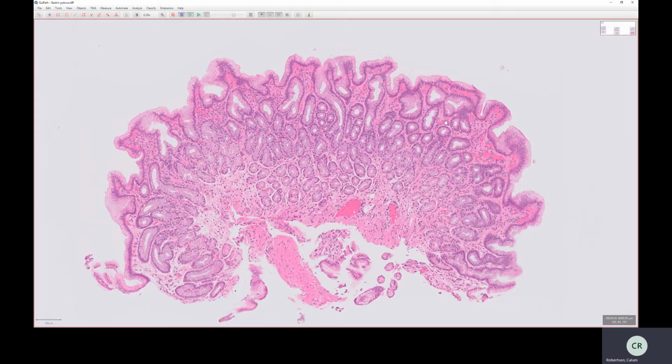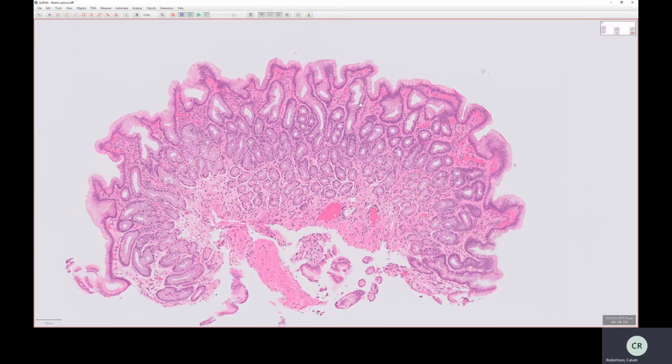And so this is all mucin secreting. You can occasionally see the occasional parietal cell. I'm not seeing that here within the antrum. However, the vast majority of these cells should be mucin secreting cells, as they are.